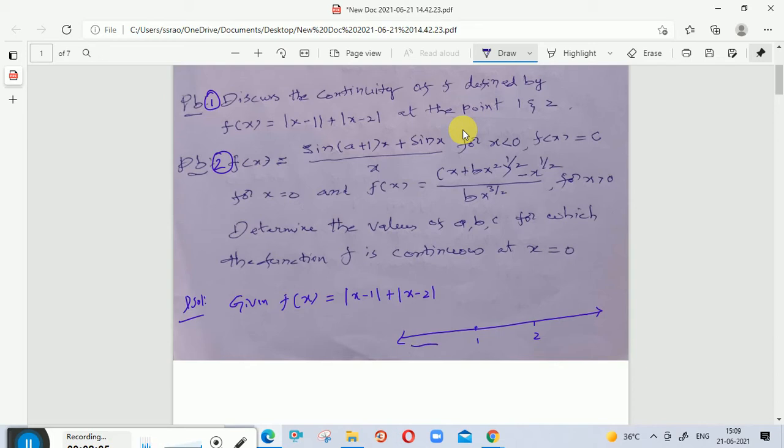Here this part is x is less than 1. This part is x is less than 1. Here x is equal to 1. Here x lies between 1 and 2, so 1 is less than x is less than 2. Here x is equal to 2.